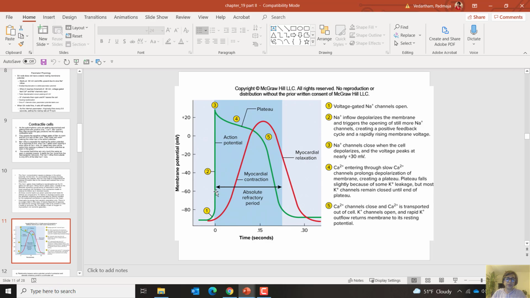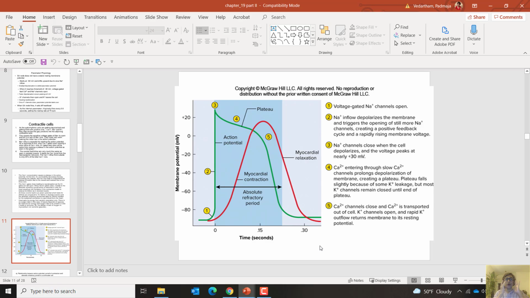After depolarization, you have the contraction taking place, and after repolarization, you have the relaxation taking place. So you have a sustained, long contraction. We are not talking about summation. There is no wave summation, no tetanus. It is just one action potential, and you have one big contraction.